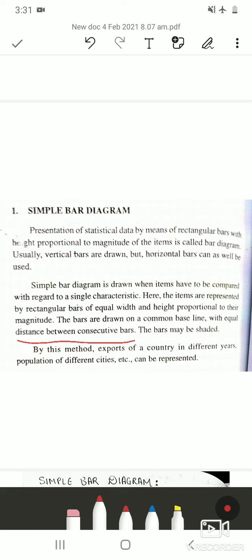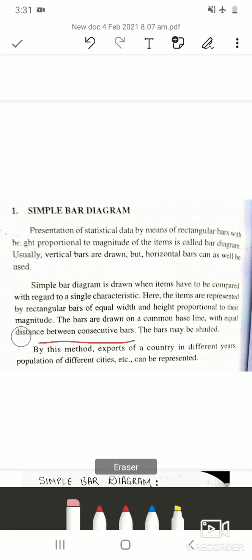By this method, exports of a country in different years and population of different cities or countries can be represented. So here we are showing exports of one country in different years. We are comparing the exports of the same country year wise, or else we are comparing population, whether it is increasing or decreasing over the years.